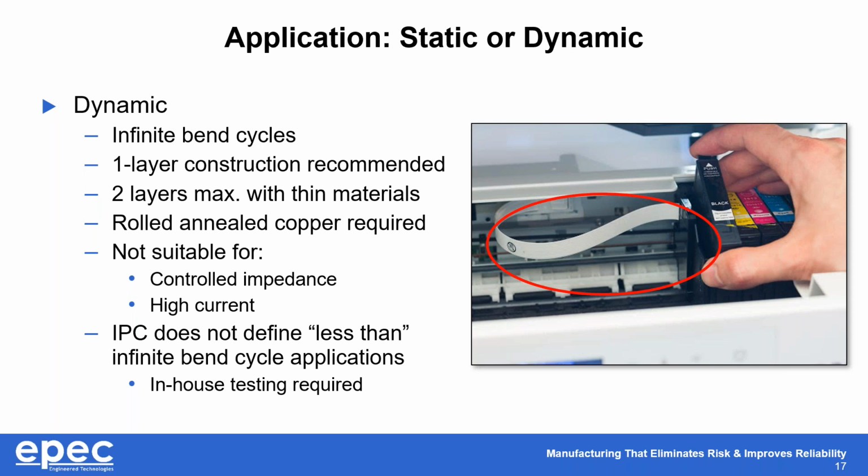Now, if you have a design where there is a predefined number of bend cycles, be it 100, 1,000, or 10,000, then the rules obviously do change a bit, but they do tend to come back to having to prove out the design with in-house testing as part of the prototyping process.